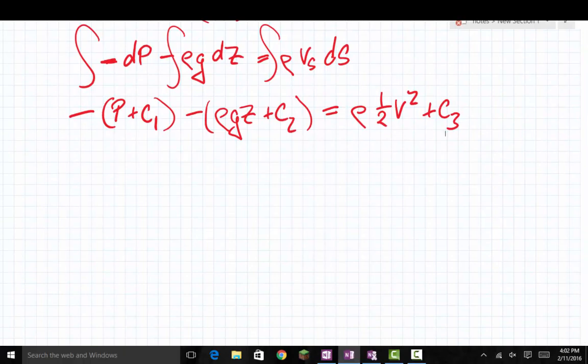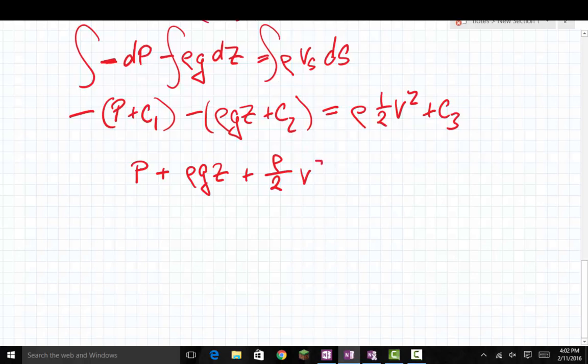Rewriting this, bringing all the terms to one side and collecting all my constants, I end up with one expression of the Bernoulli equation, which will be p plus rho g z plus rho over 2 V squared, all of that equals some constant.